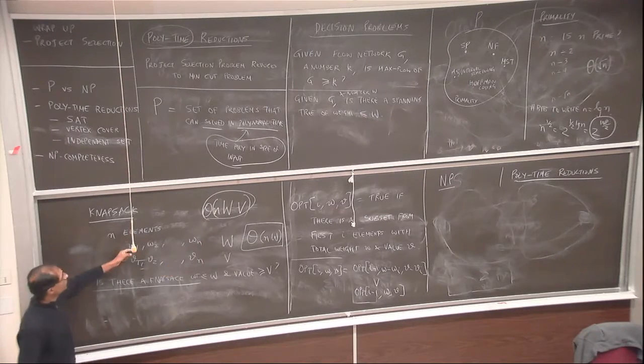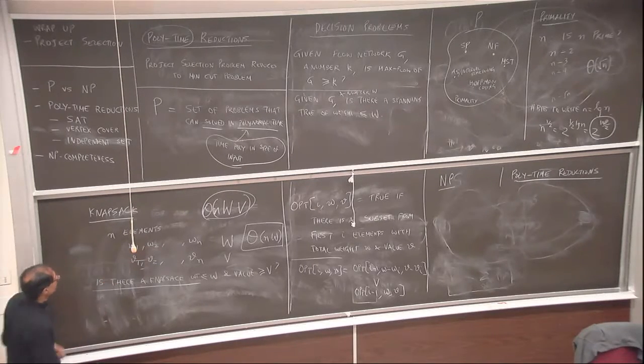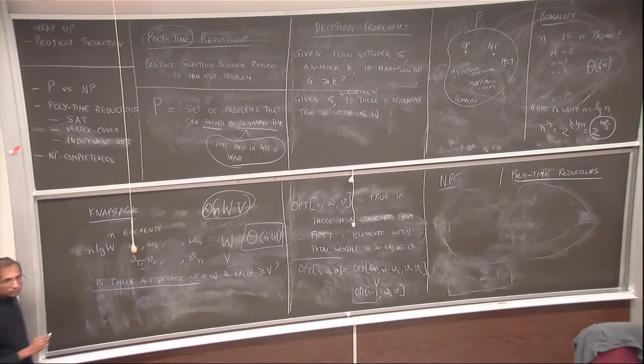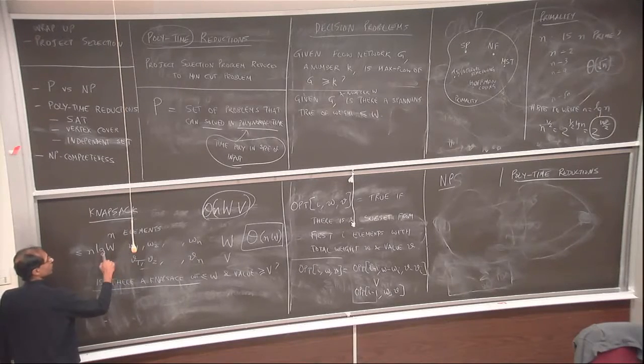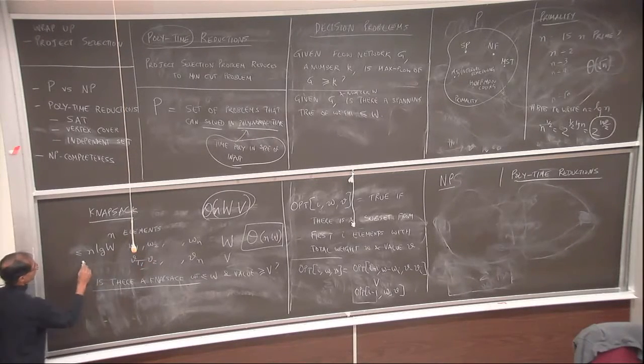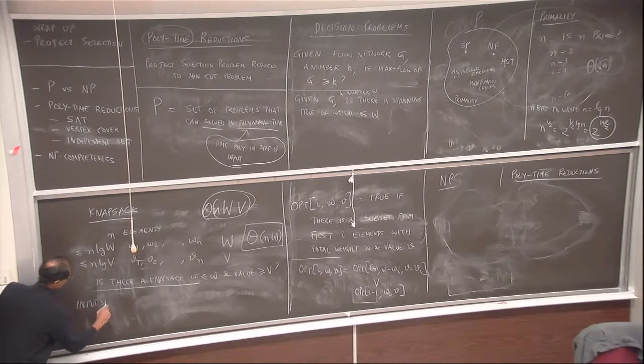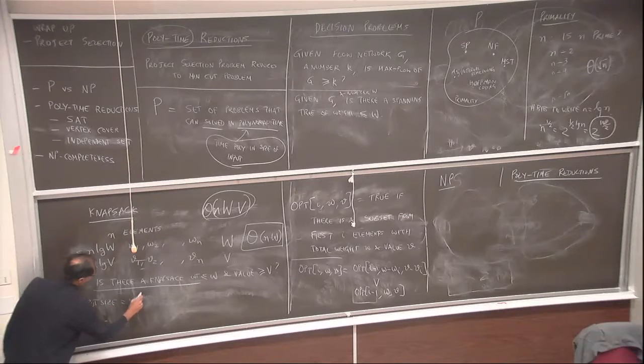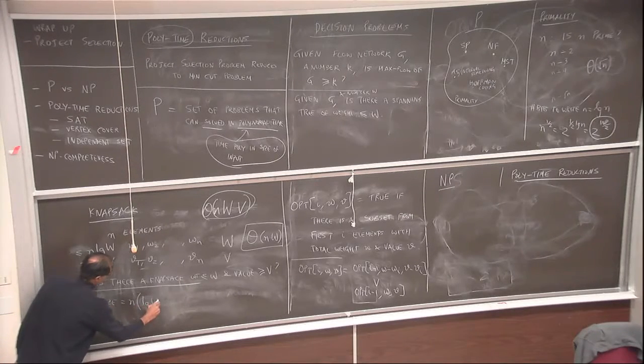So each of these takes log of capital W. So the number of bits this takes is less than or equal to n times log W. Similarly, the values take n times log V. So input size is about n times log W.